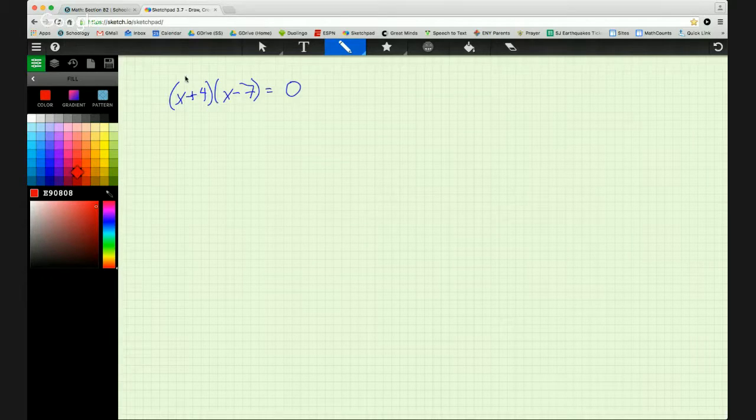Okay, now I'm going to assume that you've come back and tried this problem. We know that if this is 0 or this is 0, then we have a true statement. We have found our solution set. So remember, x plus 4 equals 0 or x minus 7 is 0.